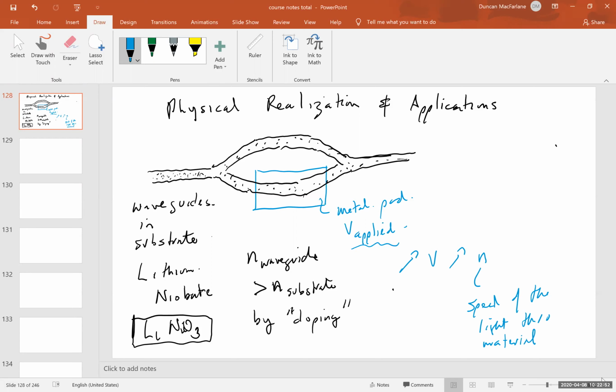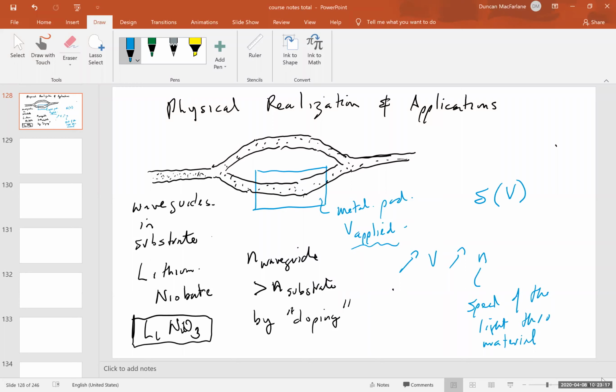So now I can speed up or slow down the signal depending on an applied voltage. So delta becomes a function of that voltage. And it turns out that I can do that very, very quickly.